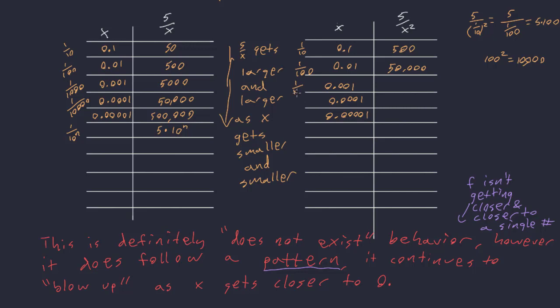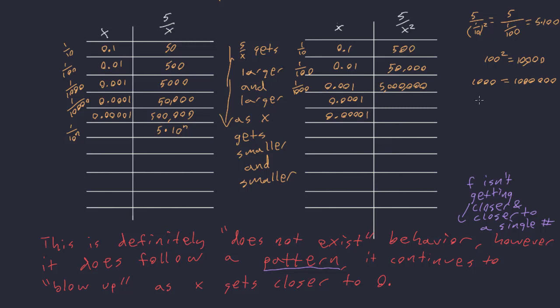Then 1 over 1,000 squared. Well, 1,000 squared, we're going to get 6 zeros. So that's going to be 5 and then 6 zeros. So what is that? That's 5 million.